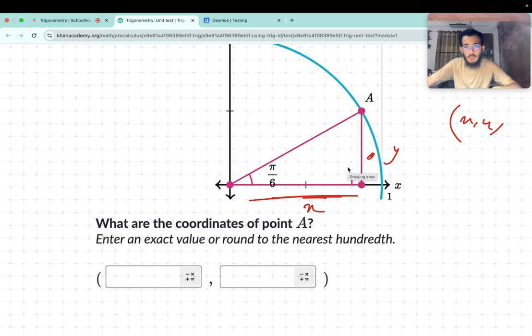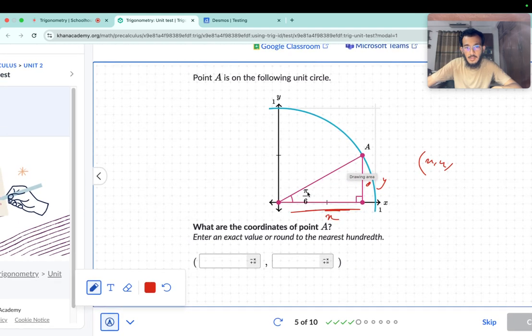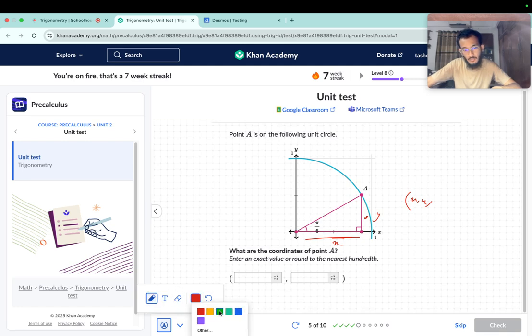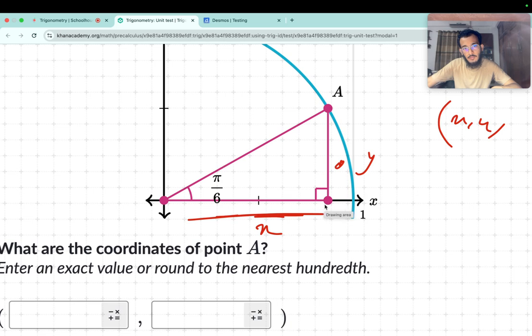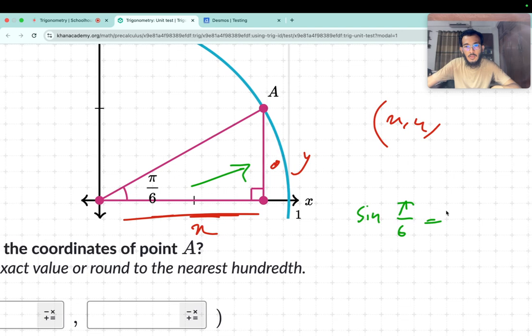Now we know that this is pi by 6. If that is the case, we know that sine pi by 6 equals opposite, which is y, by hypotenuse.